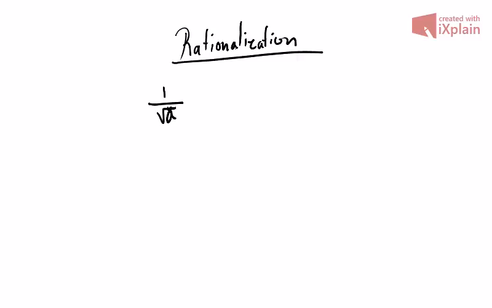I want to get rid of it in the denominator so that I can approximate it better, because when you approximate it by hand, it's a pain to divide by a radical expression, and you just do not want to do it. Newton tried to do this, and he did it to the 50th decimal place.